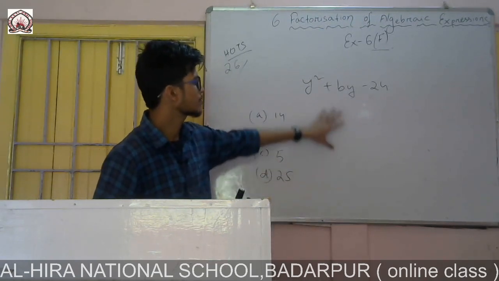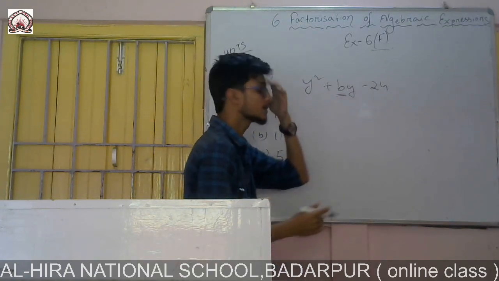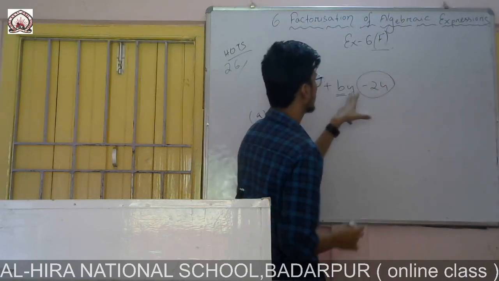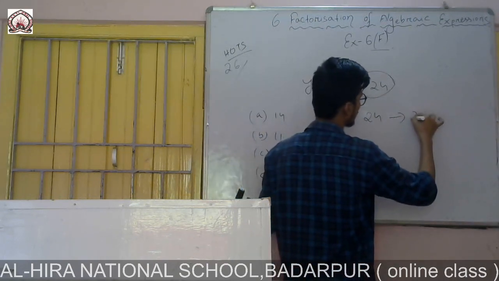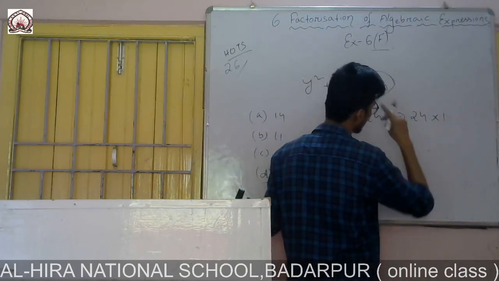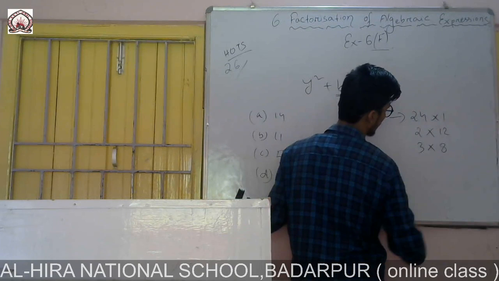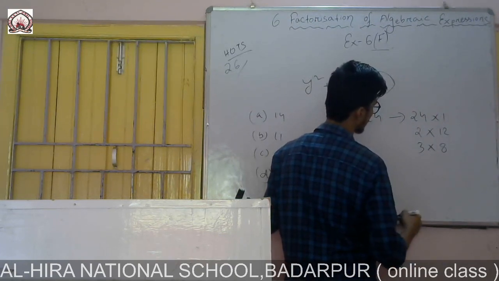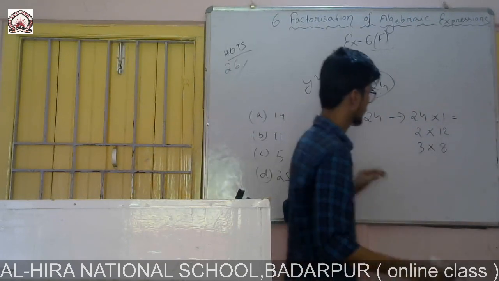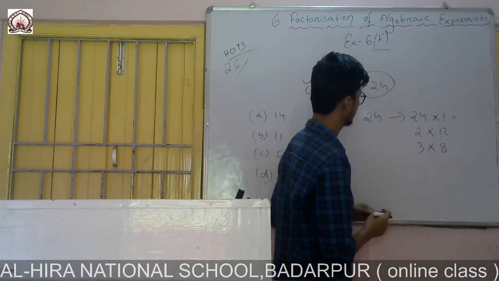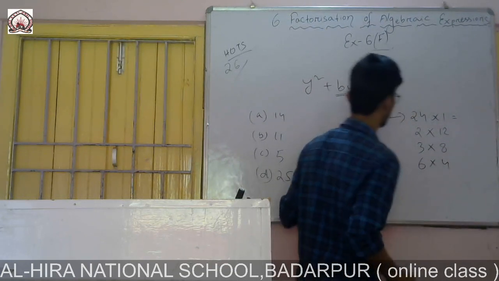So since we have done this one, how to solve it, we know that it will be either the sum or the subtraction of the factors of this number. Okay. So if I find out the factors of minus 24, first will be 24 into 1, then 2 into 12, then 3 8s are 24, and 6 4s are 24 also.